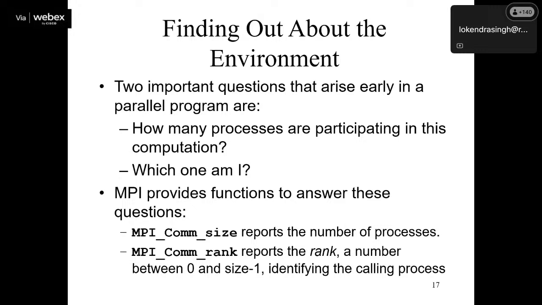So, finding out about the environment. Here we will discuss the basic building blocks. We have already told you there are 6 basic calls. Parallel programs enable users to fully utilize the multi-node structure of supercomputing clusters. It means if you are using supercomputers, you have to use their full capacity.